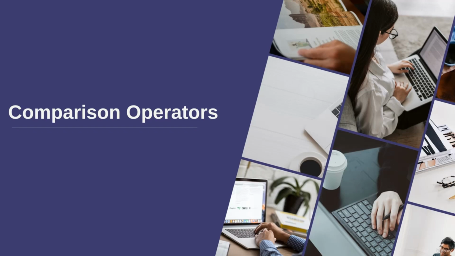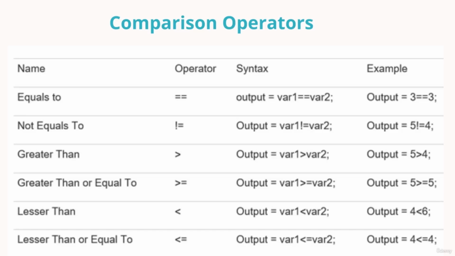Now let's have a look at the comparison operators. We have these 6 operators for comparing values, such as the double equals, since single equals is the assignment operator, while double equals is the comparison operator, which compares whether two values are equal or not. If the values are equal, it will return true, otherwise false, and the very opposite is the not equals operator.